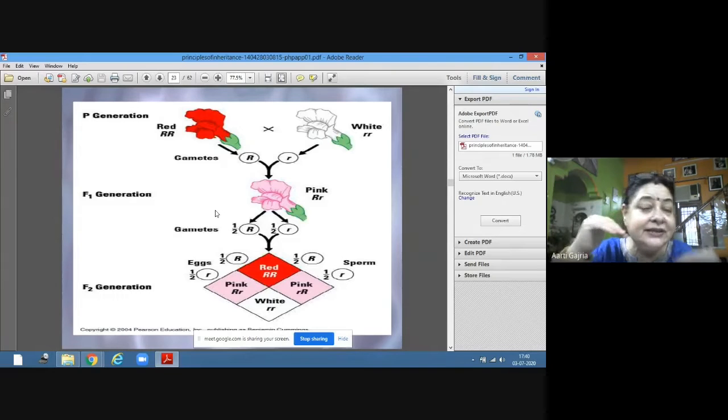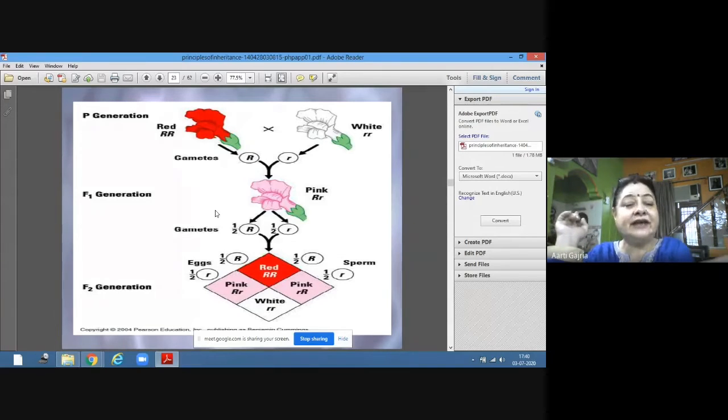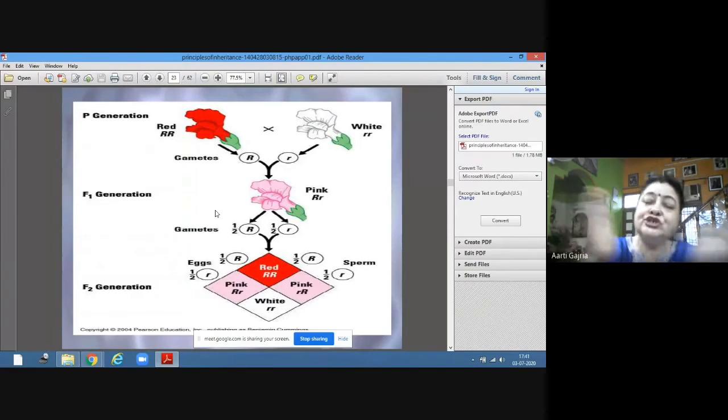The gene is not being able to completely dominate. The gene is not exactly ABC, or the gene is not exactly DEF. The gene is something which is not completely giving the information, which is giving less efficient information. Or there can be a gene which is not giving any information at all. For example, no information. So if no information and complete information are crossed, the result is dominance of complete information.